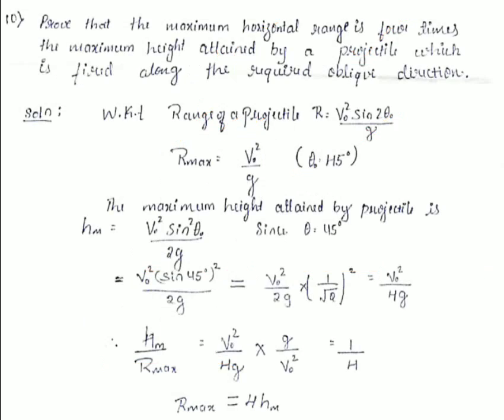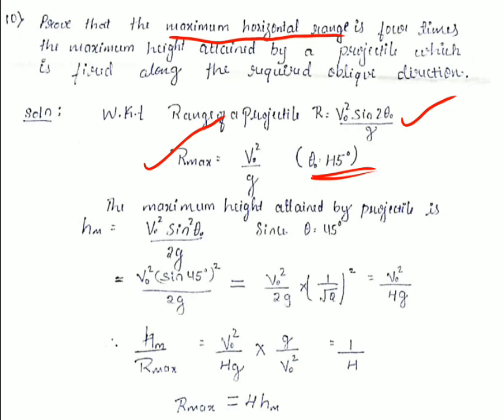Okay. Next problem. Prove that maximum horizontal range is 4 times the maximum height attained by the projectile which is fired along the required oblique direction. So, we know the range of the projectile formula. What's that? R is equal to V naught square sine 2 theta naught by G. Since the maximum horizontal range, the formula we know R max is V naught square upon G. Only possibility, theta value 45 degree.